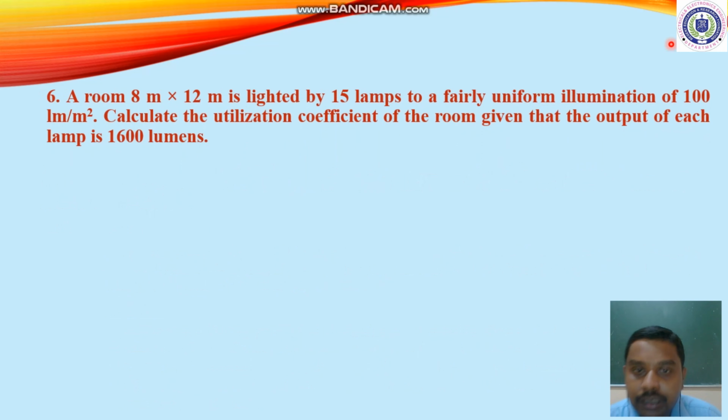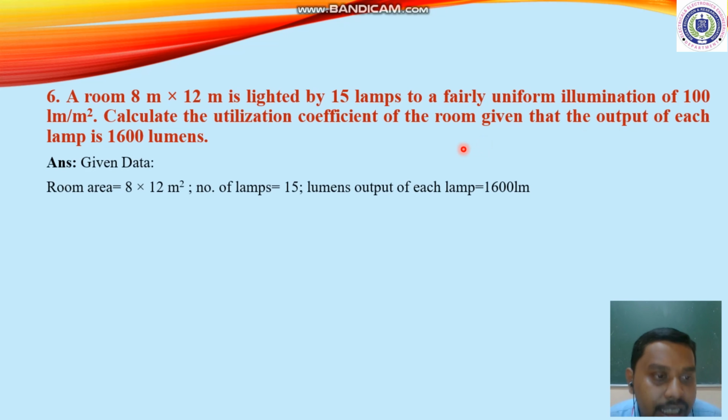The next question is a mathematical problem. A room 8 by 12 meters is lighted by 15 lamps to fairly uniform illumination of 100 lumens per meter square. Calculate the utilization coefficient of the room, given that the output of each lamp is 1600 lumens.